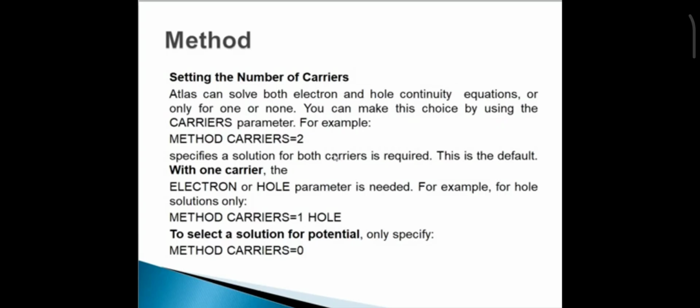This is the default. With one carrier, the electron or hole parameter is needed. For example, for hole solutions only, method carriers=1 hole. You can use method carriers=1 electron as well. To select a solution for potential only, specify method carriers=0.